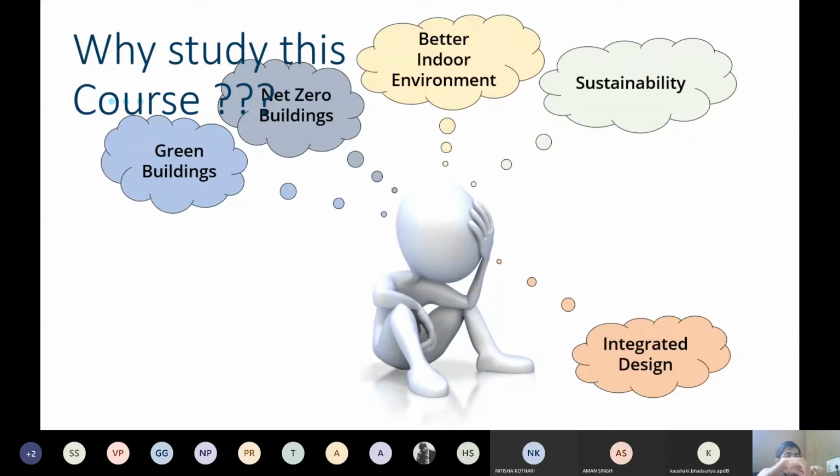Integrated design. Why, sir? Because all green buildings are sustainable. Not necessarily. I'll talk about it after this. What is integrated design? Can you tell me?